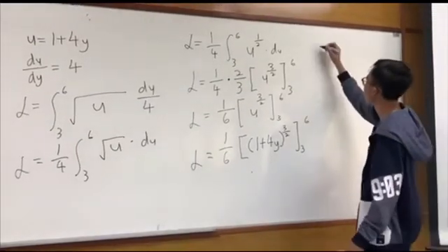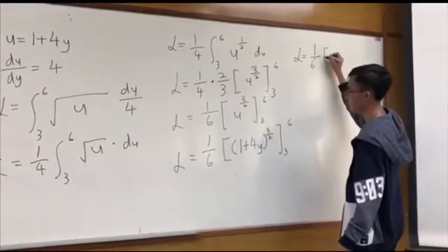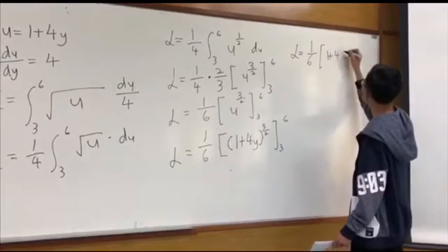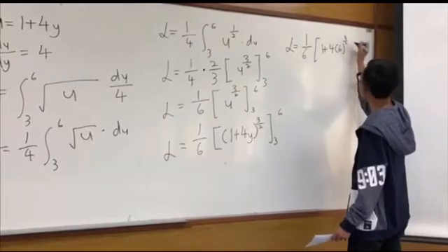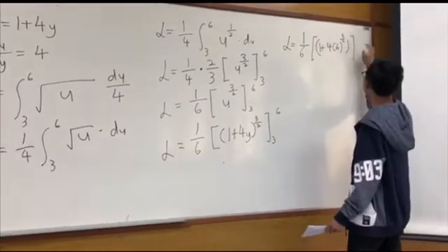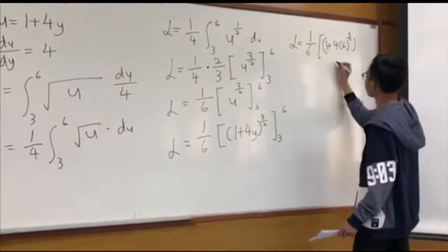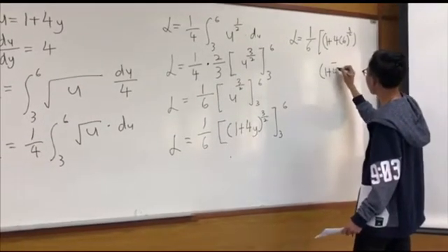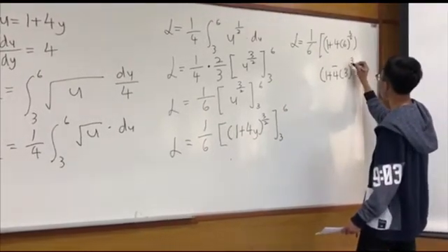Now L equals 1 over 6 times 1 plus 4 times 6, to the power of 3 over 2, and we have to minus 1 plus 4 times 3, substituting y as 3, to the power of 3 over 2.